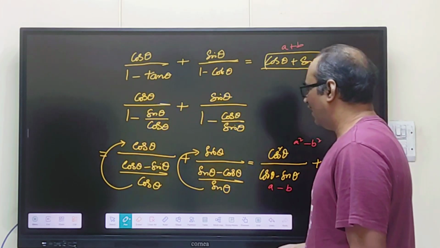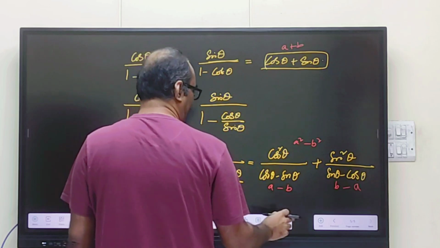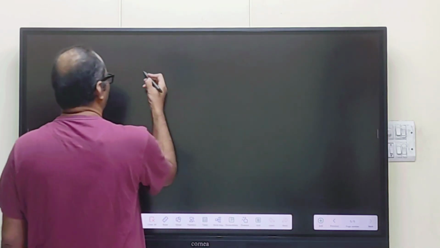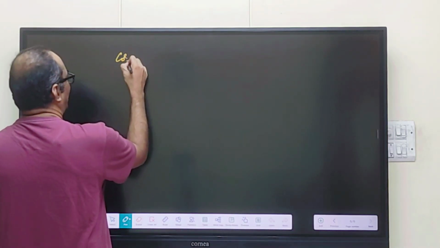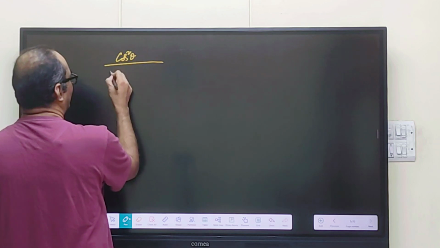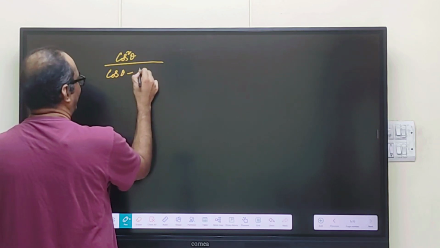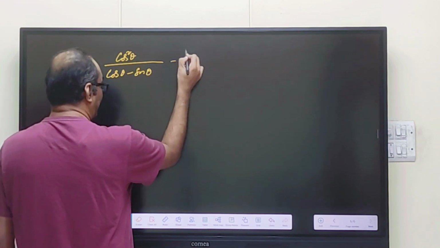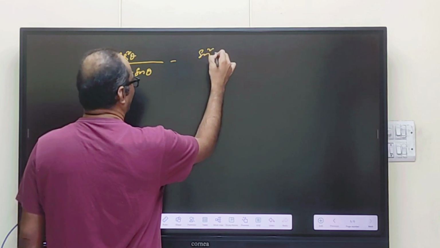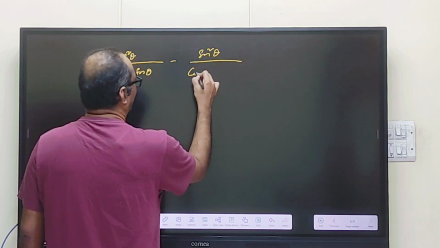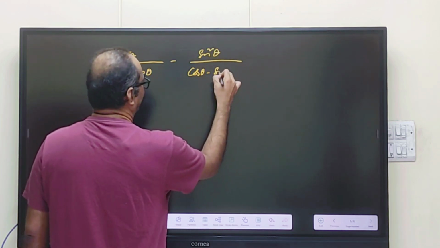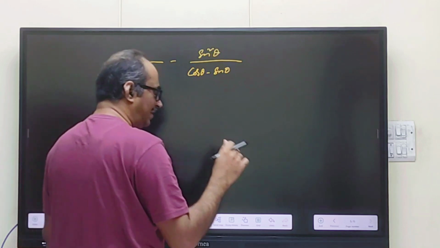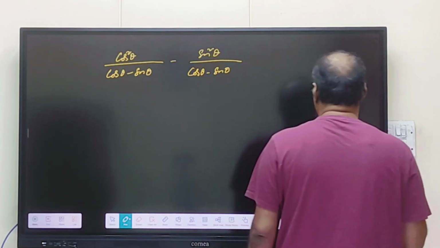So let us take minus out and write down cos square theta divided by cos theta minus sin theta minus sin square theta divided by cos theta minus sin theta. So what we have done, earlier sin theta minus cos theta was there with plus.